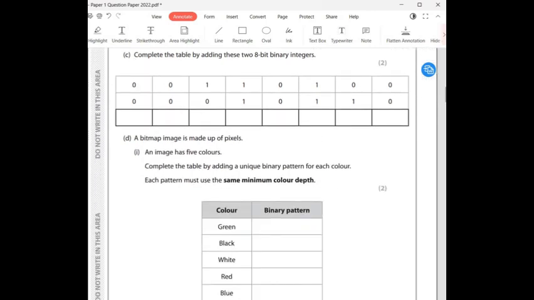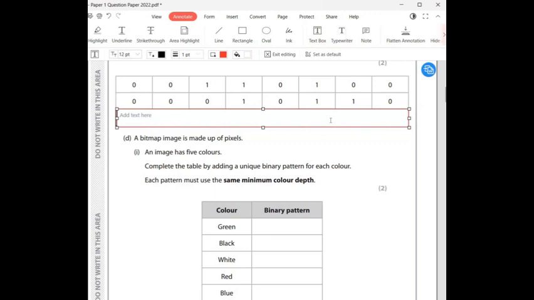But let's get to another question that they got to ask. You need to complete the table adding 2 binary integers. So this one is going to be slightly more difficult. So the way we do it is this. Following the rules of binary addition, first one's going to be a 0. 0 and 1 is a 1. 1 and 1 is a 0, where we will just carry the 1.